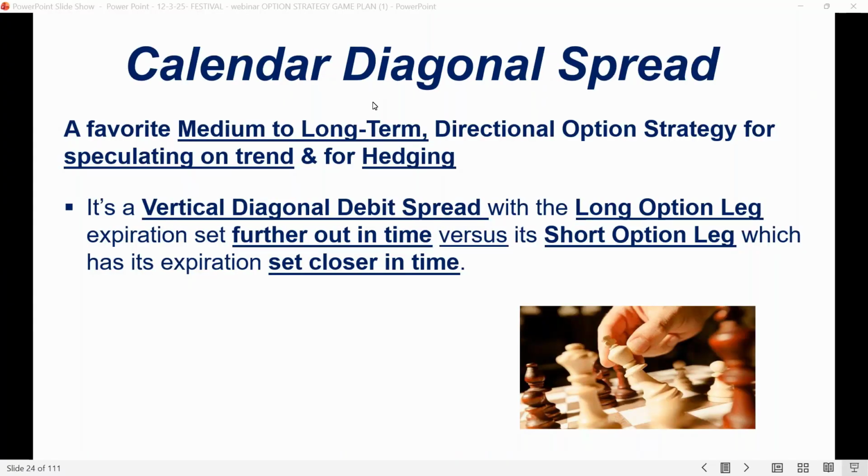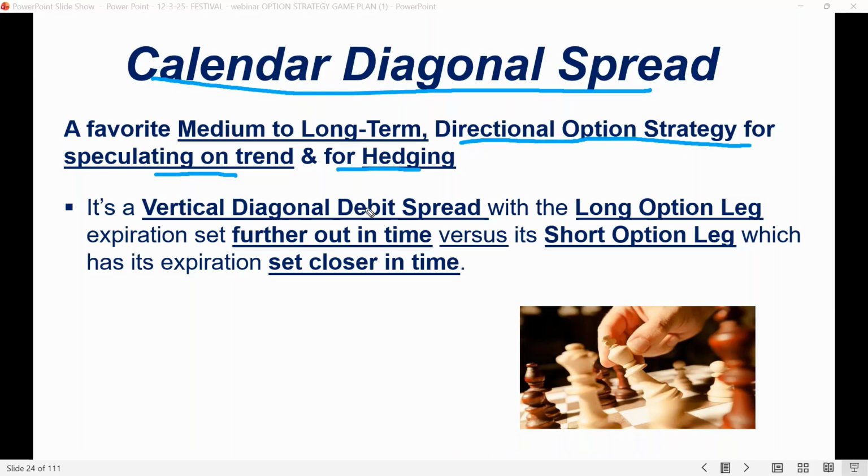Now, the next one is one that we do a lot of as well. These are a really great strategy: the calendar diagonal. This is one we can use with calls or puts, calls for the upside or puts for the downside. It's kind of a favorite medium to long-term directional strategy for speculation on a trend, trending up or down, and great for hedging.